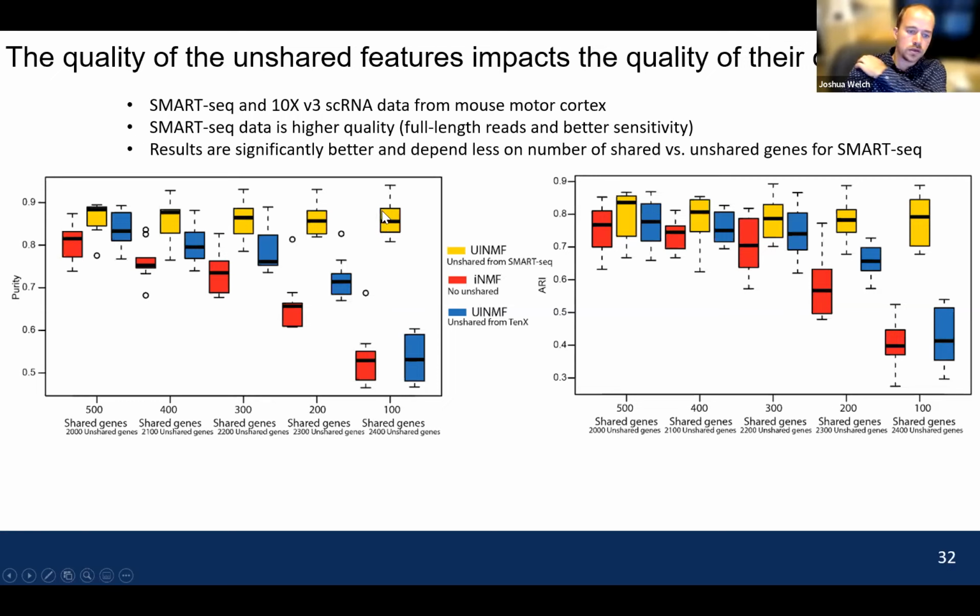And that's true even down to as few as 100 variable genes. Whereas for the 10x data set, we still see an increase compared to shared features only, which is in red, but there's a much steeper performance degradation as we get fewer and fewer shared genes. So basically this analysis indicates that the unshared features add more information if they come from the higher quality data set.